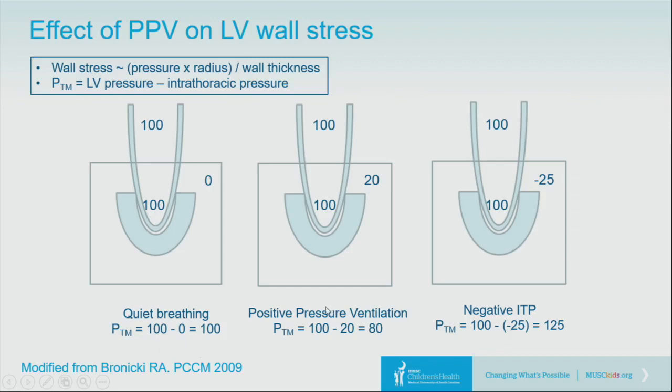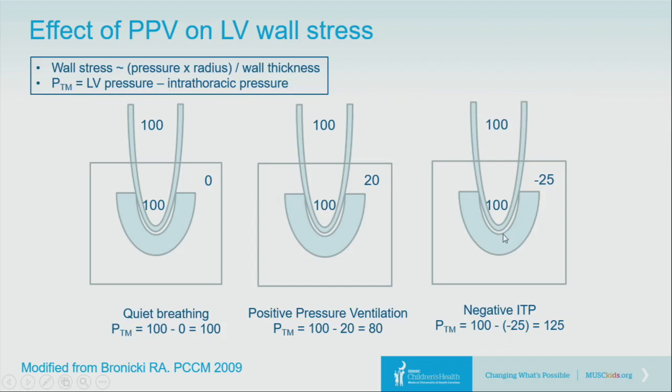If, on the other hand, we instituted positive pressure ventilation with a mean airway pressure of 20, which is a bit excessive, but I use that just to create this example, you would subtract 20 from 100, and your transmural wall pressure would be 80. So instituting positive pressure ventilation directly reduces your transmural wall pressure and effectively reduces your left ventricular wall stress and thereby reduces afterload. A very important concept.